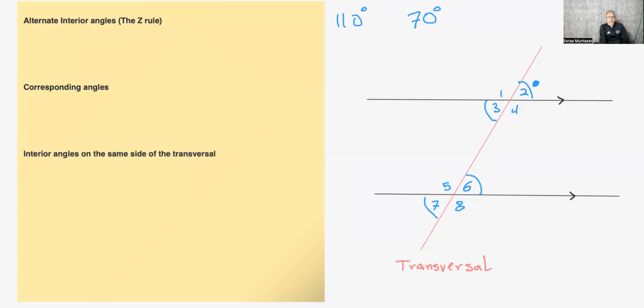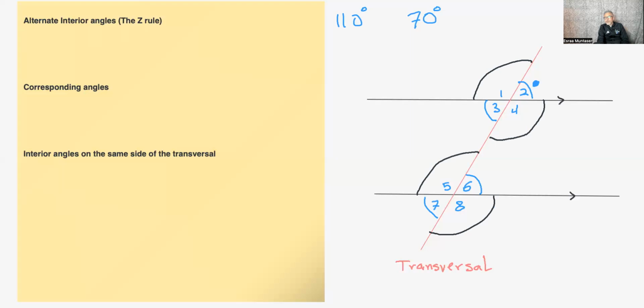How about the other angles that are the same? If you look at how big that is, that's big. Also, this is the same. It looks like it's the same size. Also, this is the same size, and also this is the same size. So therefore, 1, 4, 5, and 8 will be exactly the same.